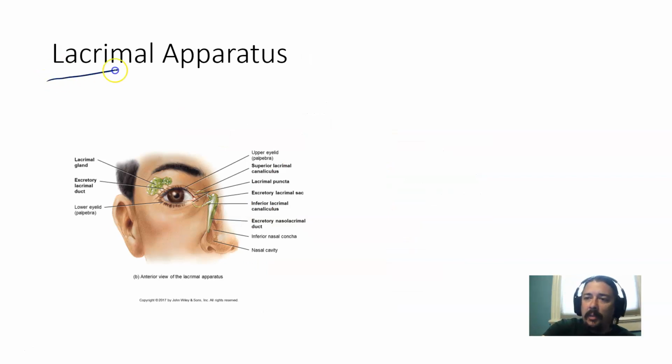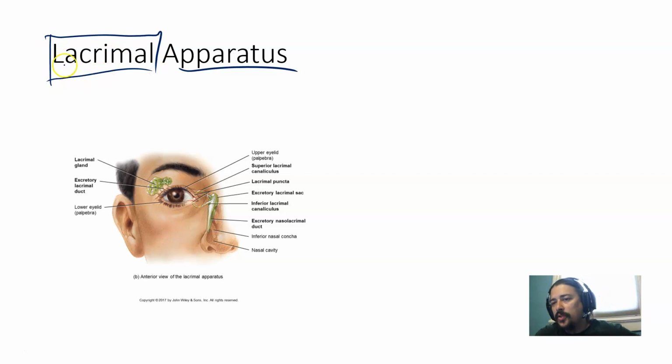The lacrimal apparatus. So, as I've probably mentioned a few times in the course, the word lacrimal relates to tears. Your eyes are moist, right? And they're on the outside. And bacteria love moist places, right? They love to grow in moist places.